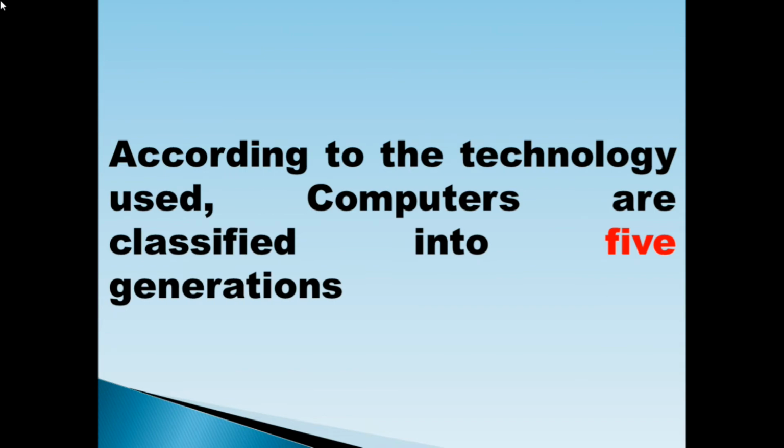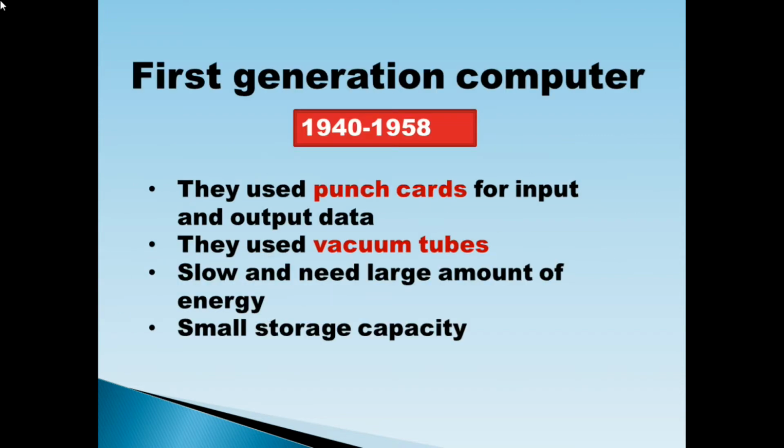According to the technology used, computers are classified into 5 generations. First generation computers: from 1940 to 1958, people used first generation computers. They used punch cards for input and output data, and the electronic component was vacuum tubes.